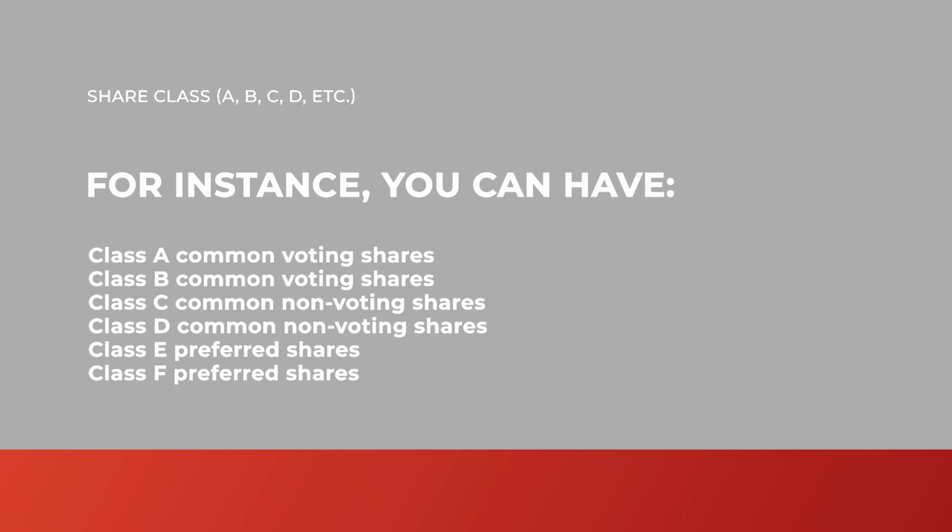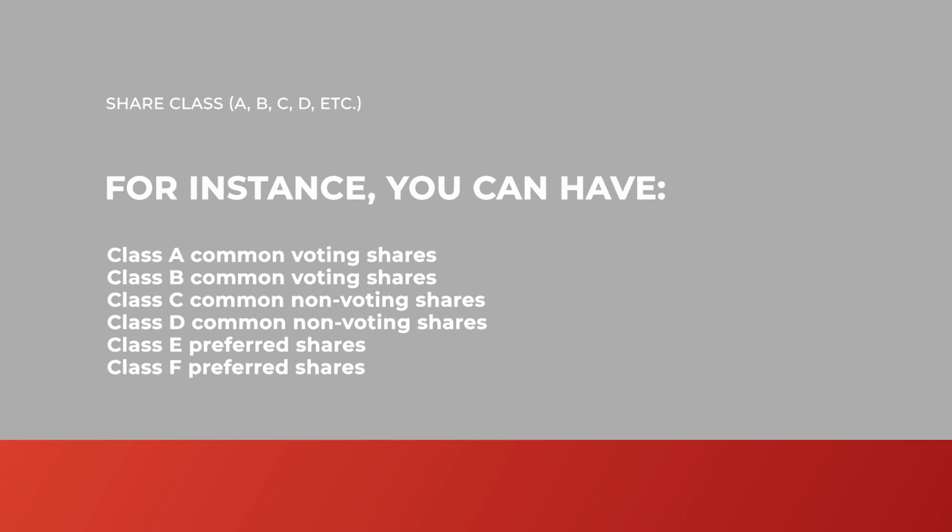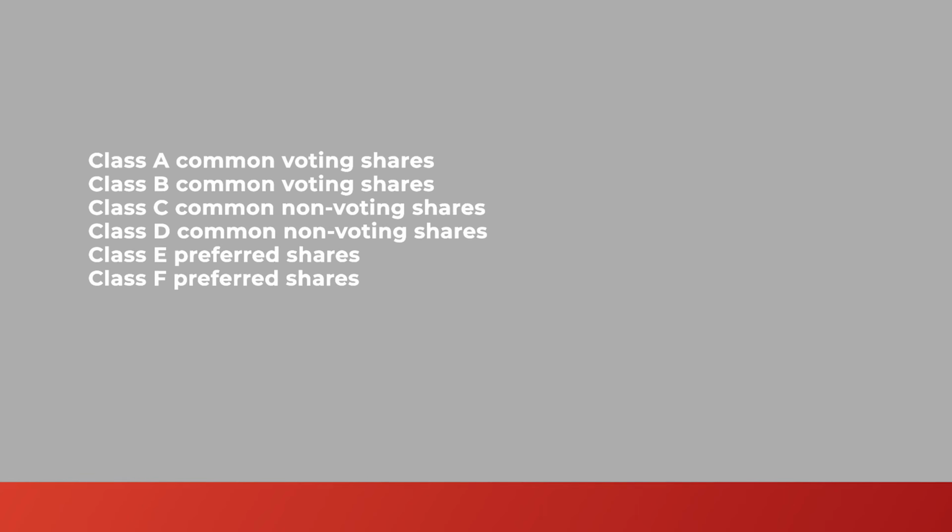So you'd see Class A's that might be one set of characteristics, Class B's, Class C's, Class D's, Class E's, and so on and so forth, all the way through the alphabet and beyond. That just means it's not a simple calculation of one share class and how many shares are owned in it. You're going to have to do some more thinking around how each share class makes up a total number of shares. But we'll get into that. Don't worry about that too much yet. Just good to know that there are multiple classes of shares.